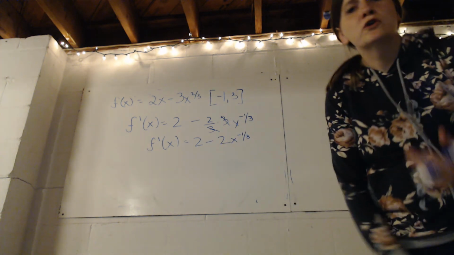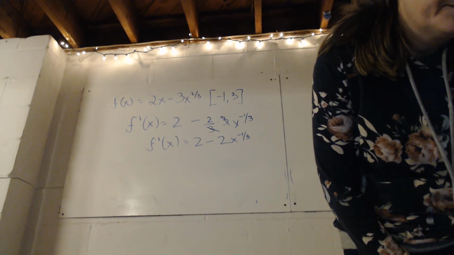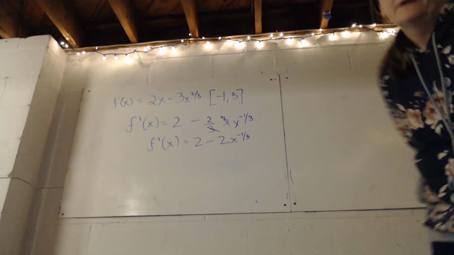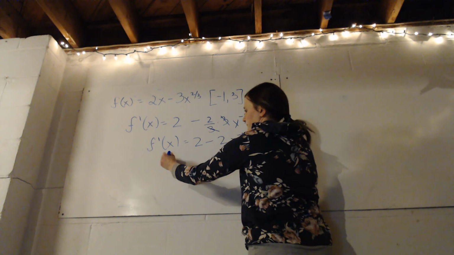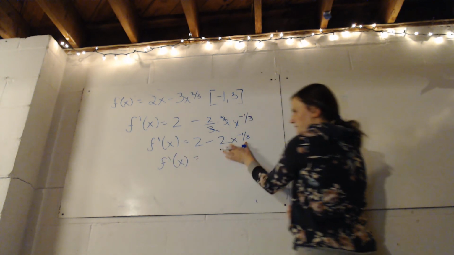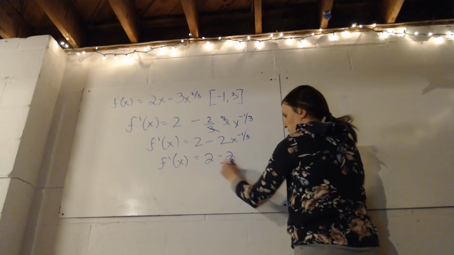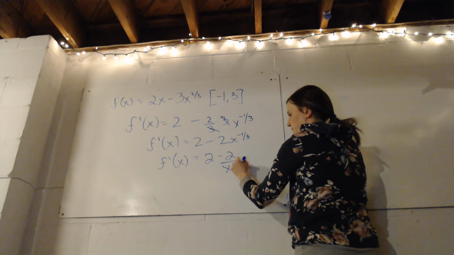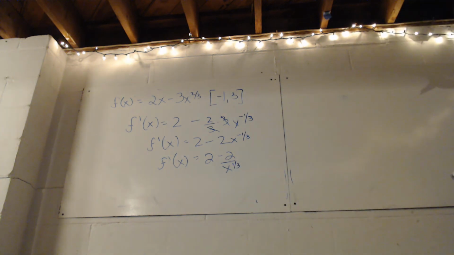Now, if you wanted to, you could clean up this term and say this is 2 minus 2 over x to the 1/3, or the cube root of x. And so I'm just looking at the values.